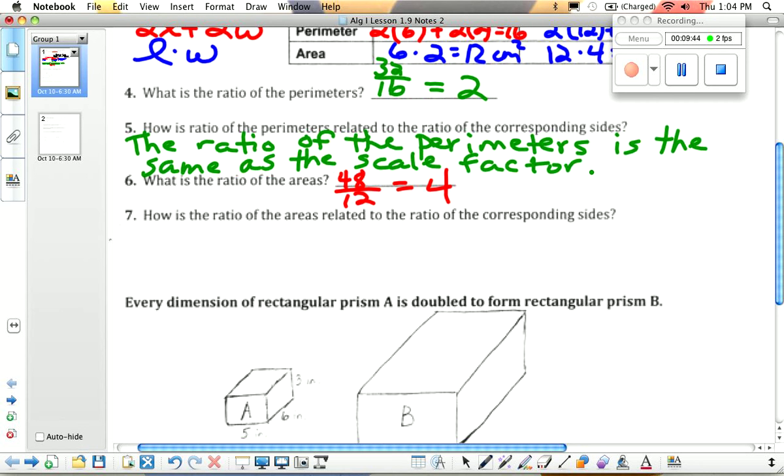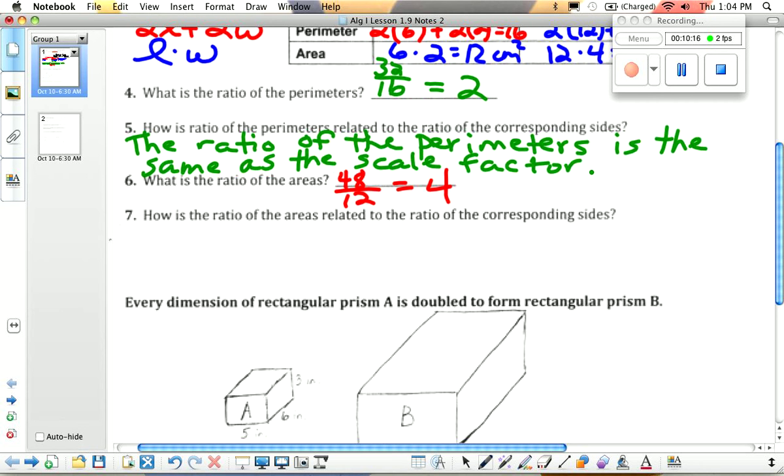So, I wonder if we could think about another way of multiplying to get 4. We double the dimensions. 2 times what is 4? 2 times 2. 2 times itself. Yeah. So if you double the dimensions, you're going to get 2 times itself for the area. The area is going to get that many times bigger.